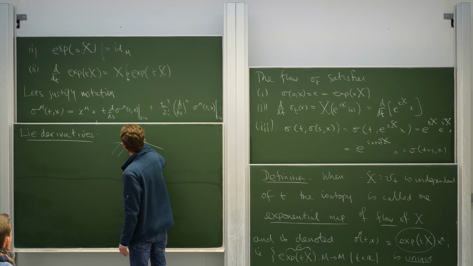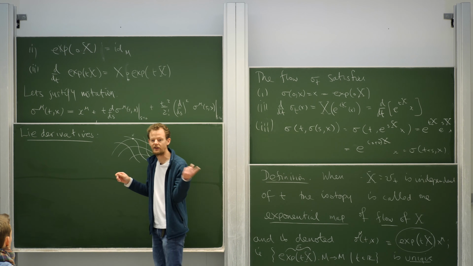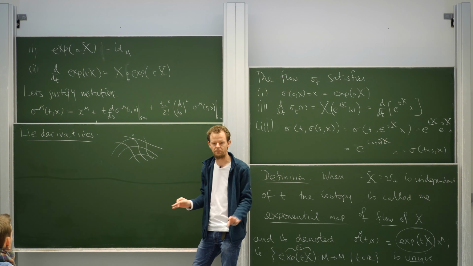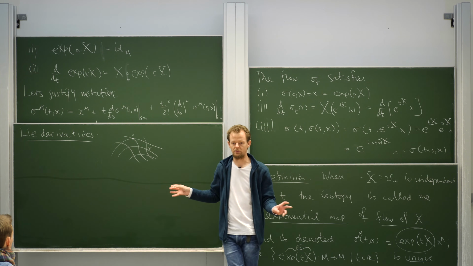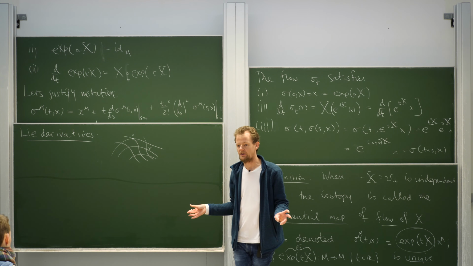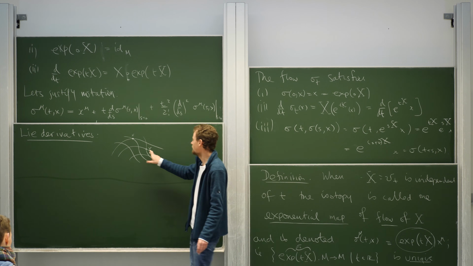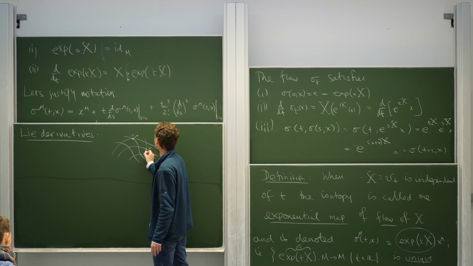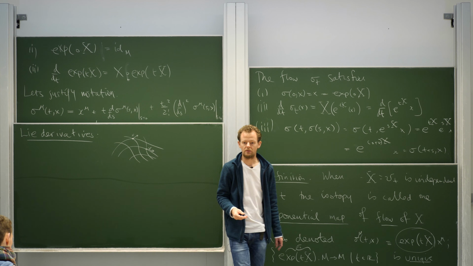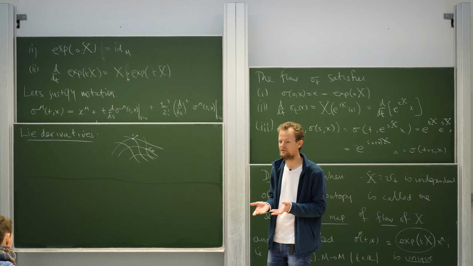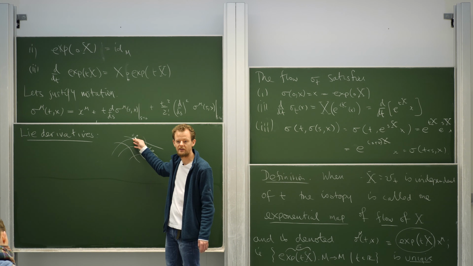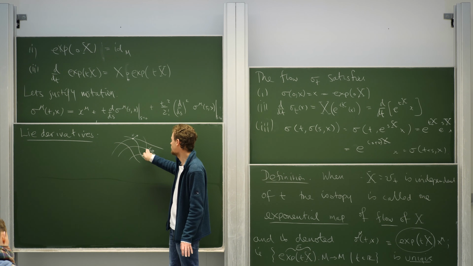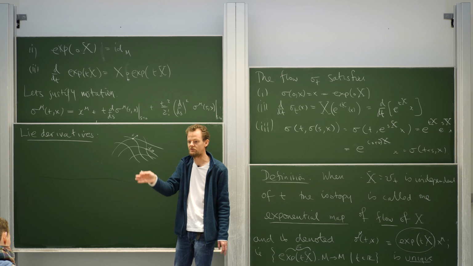So if you have a point here and you have something at x, be it a vector, be it a one form, be it a tensor, and you have another point on your manifold over here, y, and you have another vector over there, a tensor or a one form, how can you meaningfully compare those two things? If I have a vector here and a vector here, how can we take, say, the difference of these two things, or the sum, or anything like that? The answer is you can't. At this level of information, there's no canonical recipe for how to compare, say, two vectors at different points on a manifold, which is not flat space.